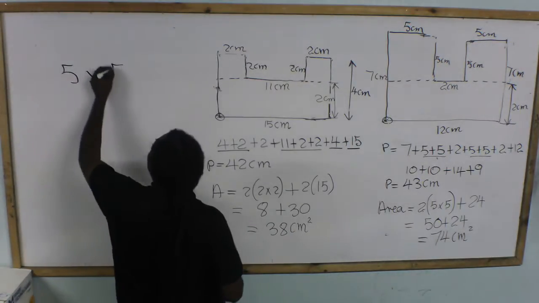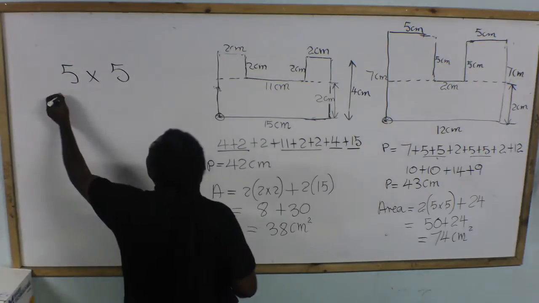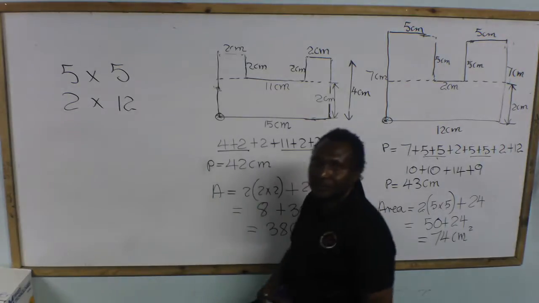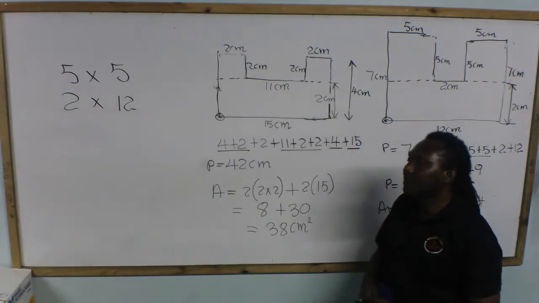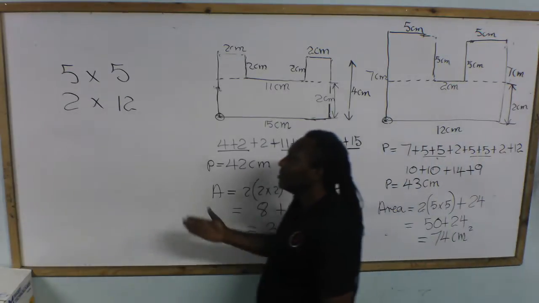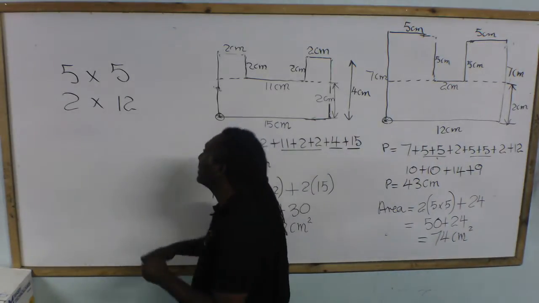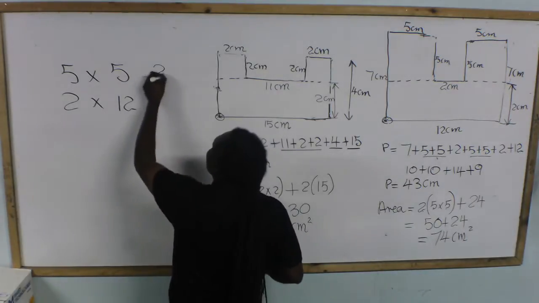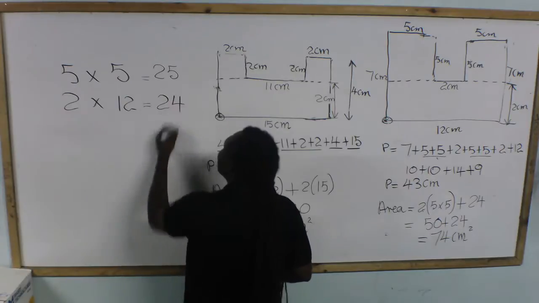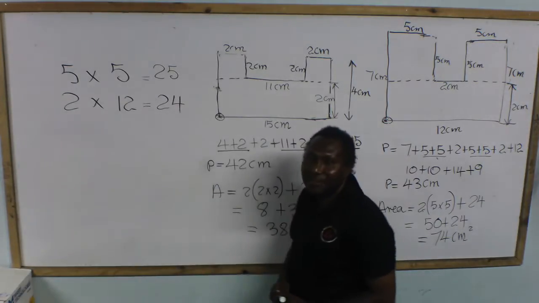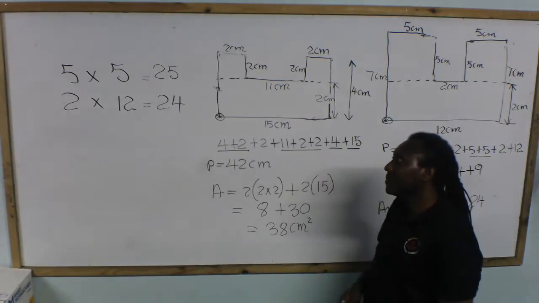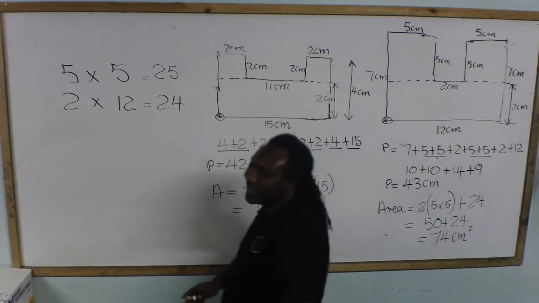So we have 5 times 5 as opposed to 2 times 12. That's what it is. And of course, no doubt, 5 times 5 is equal to 25, and this one is equal to 24. So it should not be unthinkable. It's just that it does not appear that way by looking at the diagram.